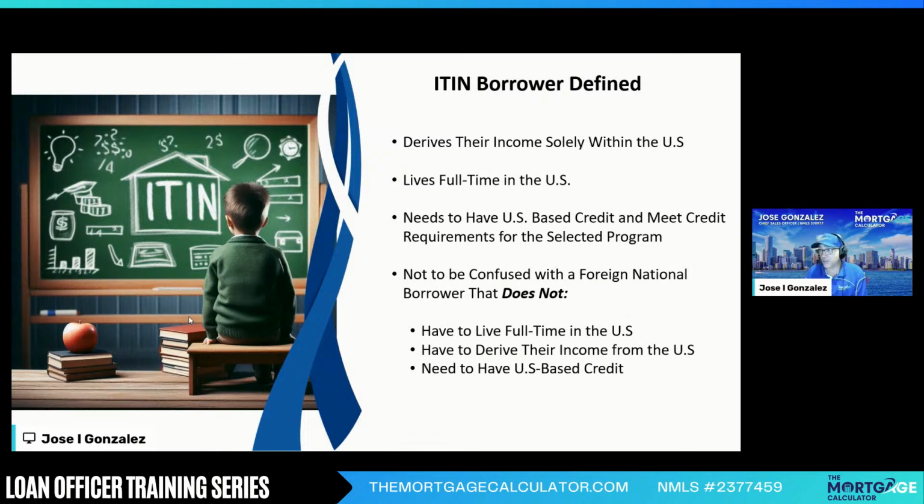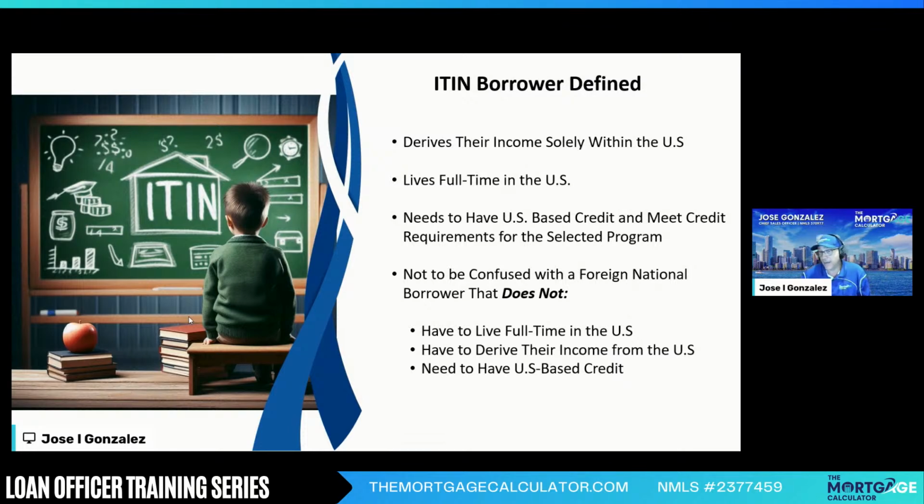As mentioned also previously, do not confuse an ITIN borrower with a foreign national borrower, who does not have to live full-time in the U.S., does not have to derive their income from the U.S., and does not need to have U.S.-based credit. That last one is, unless you pick an option that actually requires them to have U.S.-based credit, which I think there is a couple of random investors out there that when they publish a credit score, it has to be based on U.S.-based credit.